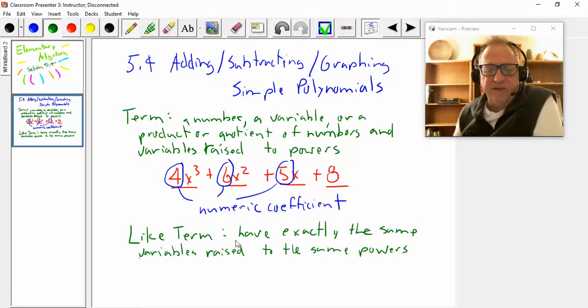They don't have the same variables raised to the same powers, making these four terms unlike terms. That's what we've got there.